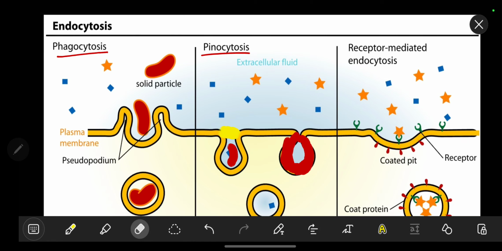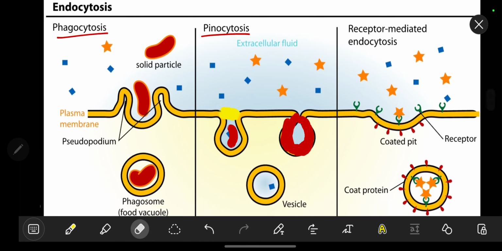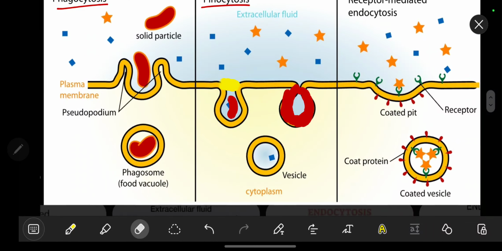After it closes up, it is able to form what we are going to call the food vacuole if we are talking about phagocytosis, where it has to do with the food. So as we can see, it is enclosed like that. Then this is taken into the cell.